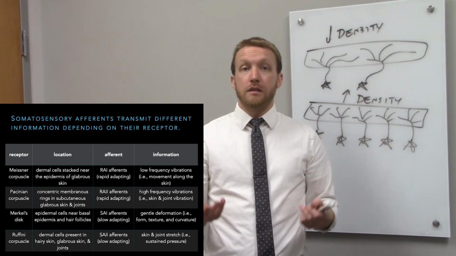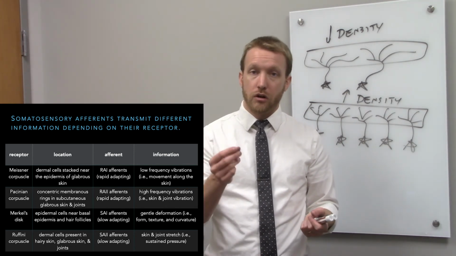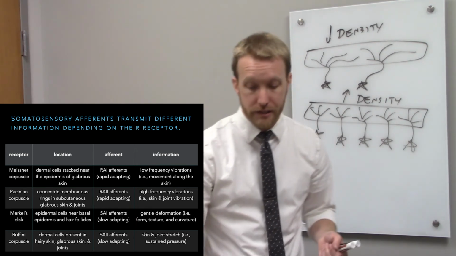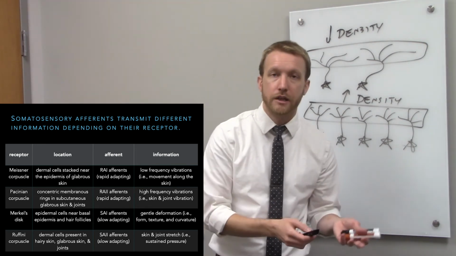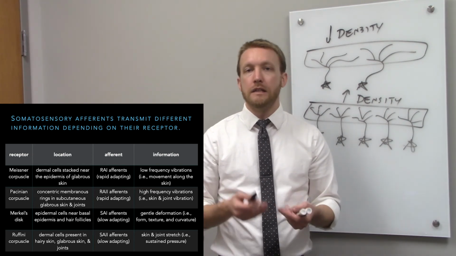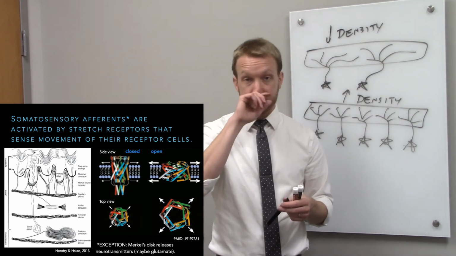And they can pick that up because they're slowly adapting. They just need a little stronger input, I suppose, or a little deeper input, I should say, than the Merkel's discs. So knowing the location and knowing the pattern of adaptation, that tells you the type of information that's transmitted.